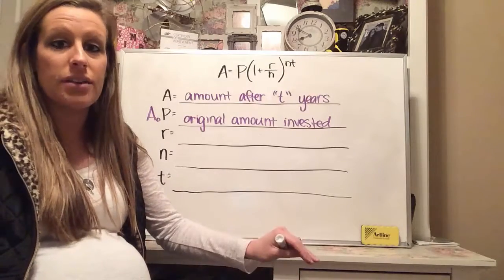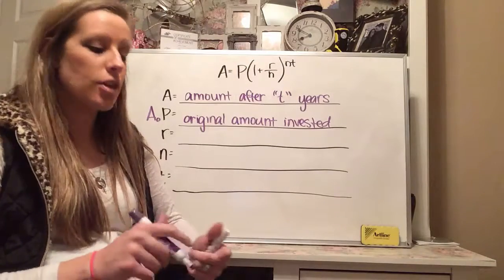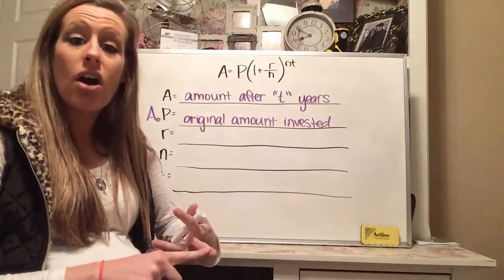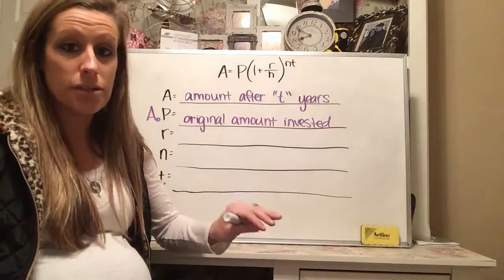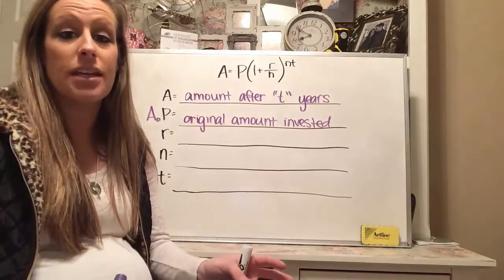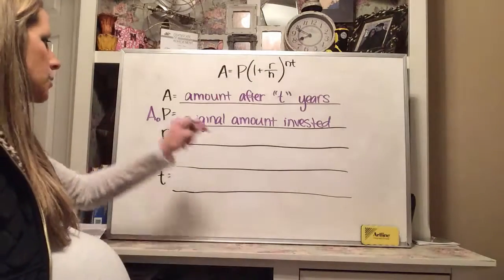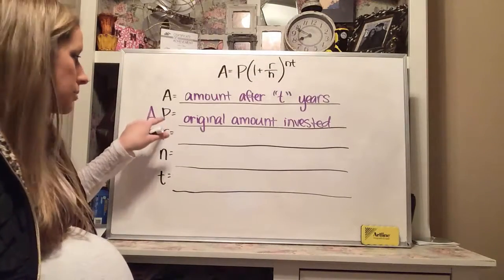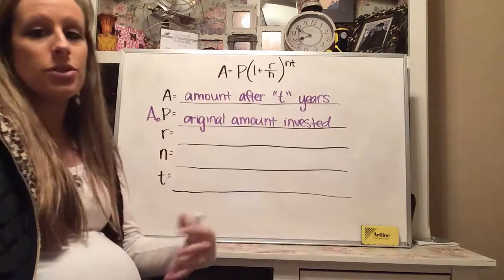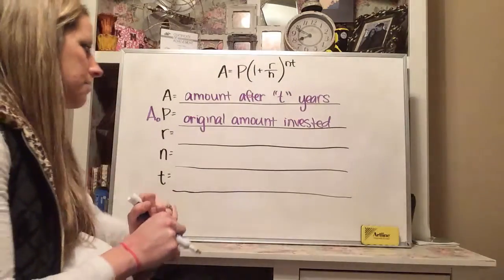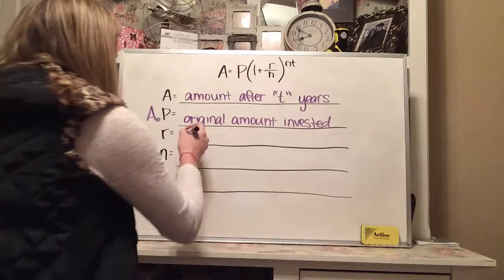It's the money I put in at the very beginning into that account. If I go buy a house or a car and I put down a deposit, I have to pay the principal amount, the very beginning amount, and then so much after that. That's why sometimes you'll see an A with a little subscript O for the initial amount, and sometimes you'll see a P. They're the same thing. But I just want to let y'all know if y'all ever Google it, I'm not crazy.